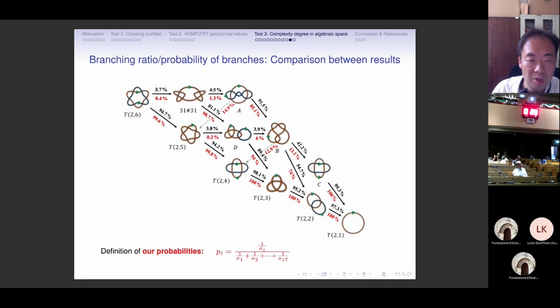The black numbers, 3.7% and 4.5%, all those black numbers are the original data from the UC Davis group, and the red numbers are our data obtained from our mathematical method. So this is a way to define the probability.